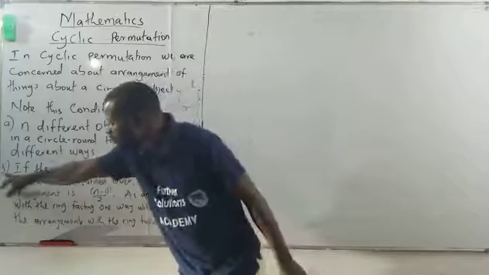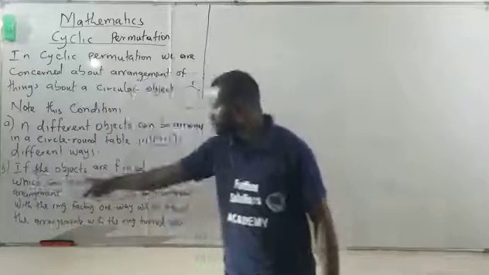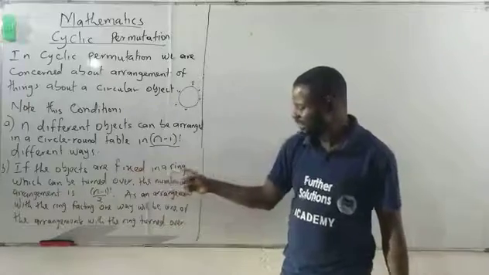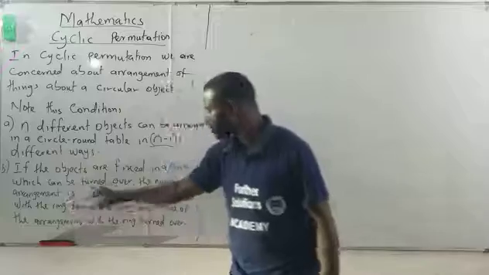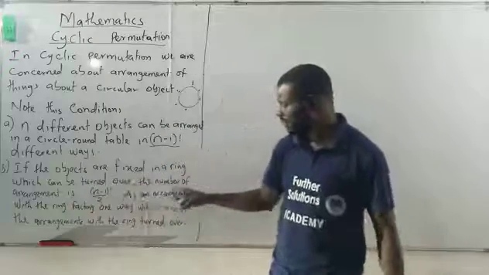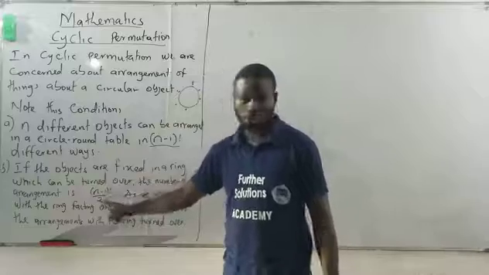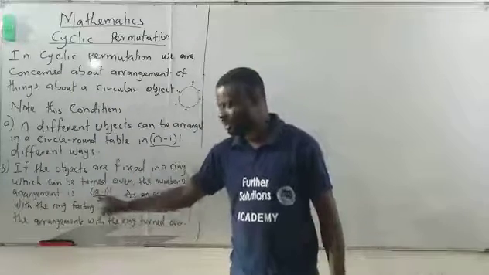Now, the second condition: if the objects are fixed in a ring, which can be turned over, the number of arrangements is (n minus 1) factorial all over 2. Don't forget that.